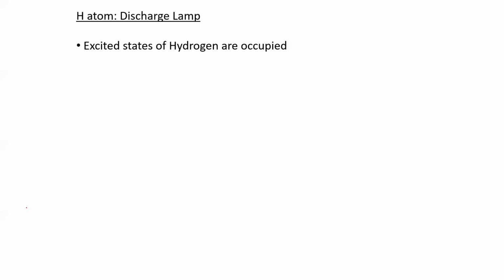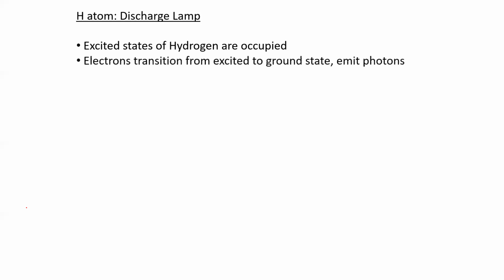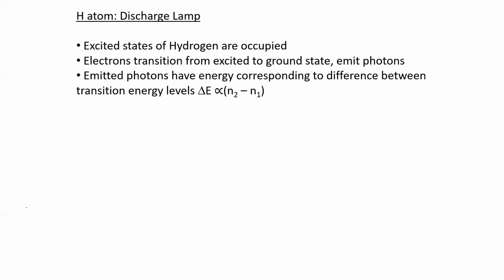So when we have a discharge lamp and we excite the electrons, they have to drop down. So the transitions from the excited to the ground state emit these lines. Now, the emitted photons have energy, and it corresponds to the difference in those energy levels.